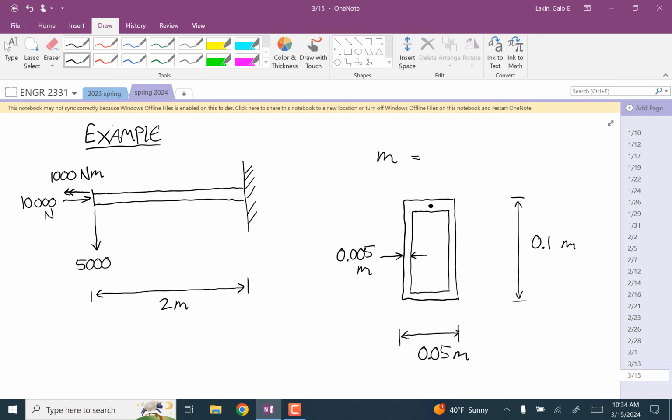Why did I get a negative answer? You have to take the thickness off of both sides, so it's not 0.095, it's 0.09. You are right, thank you. Times 2, times 7,000, the density of steel. And so this thing has a mass of almost exactly 20 kilograms.